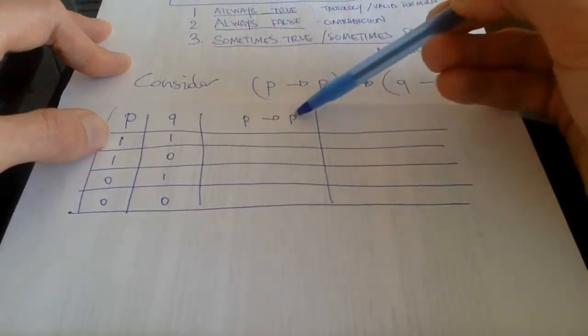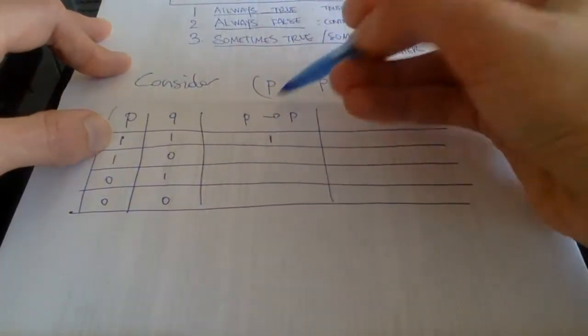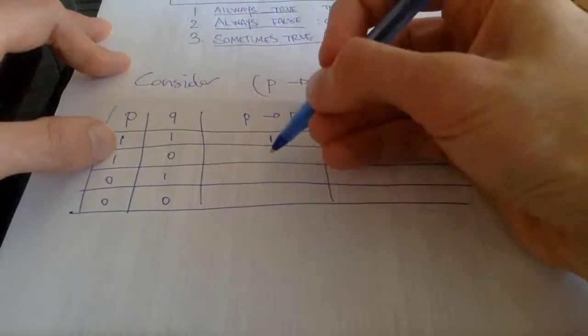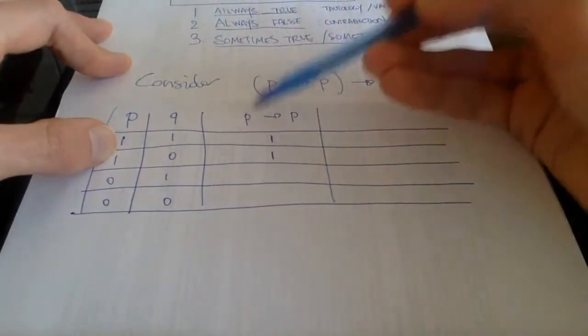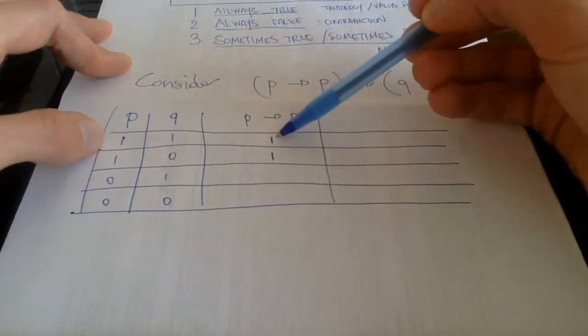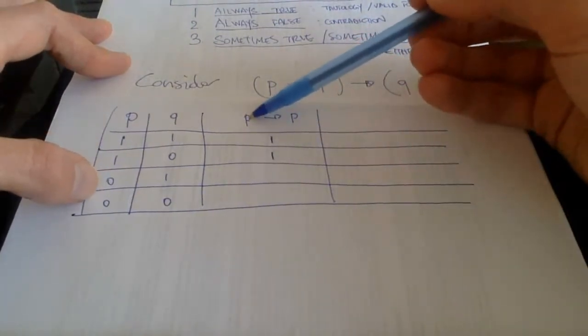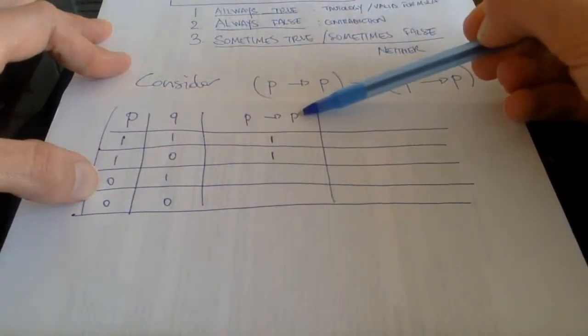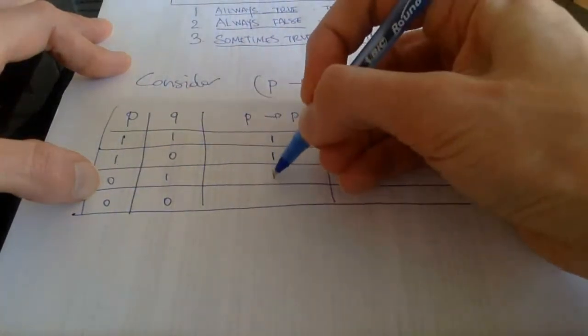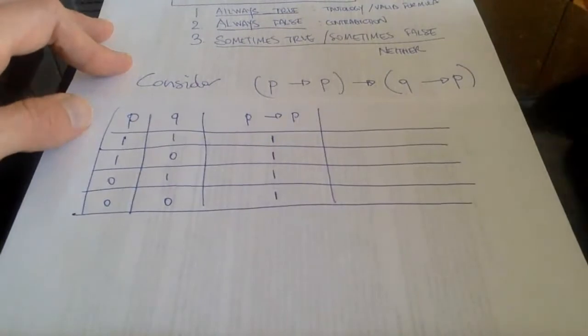So it's going to be 1, 1. Value 1, because both P here and P here get value 1. And then it's going to be 1 again, because the P here gets value 0 in this case, and gets value 0 again. And so the whole implication has value 1.